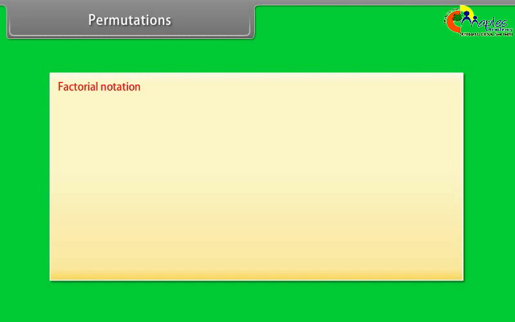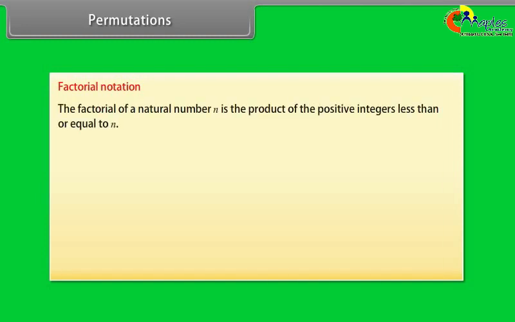Factorial notation. The factorial of a natural number n is the product of the positive integers less than or equal to n: 1 into 2 into 3 into 4 up to n minus 1 into n is equal to n factorial, and 0 factorial is equal to 1.